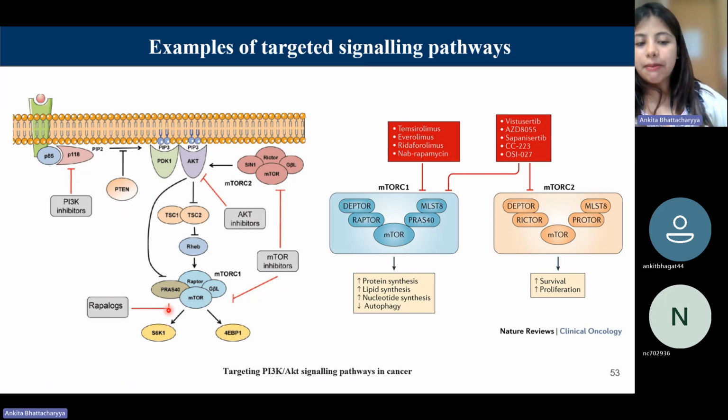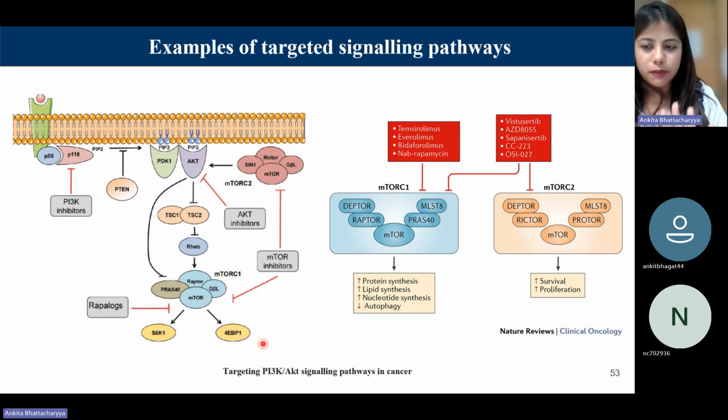And these are called rapalogs. Some inhibit the assembly or the functionality of mTOR and its entire complex, whereas rapalogs work a little downstream of it and they inhibit the action of mTORC1 on its downstream target.